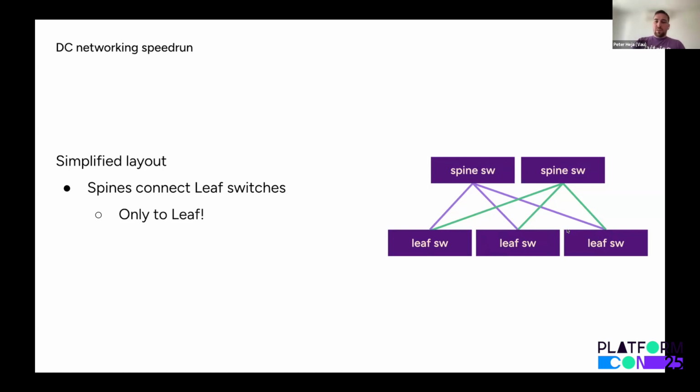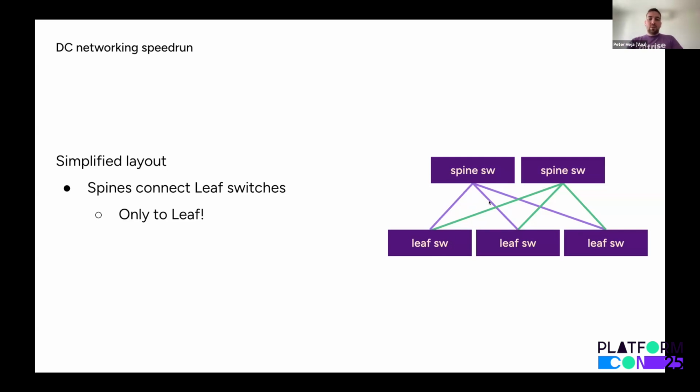This provides us with a very nice and somewhat obvious scaling opportunity. You can have multiple spines or more than two spines. In most cases, you can easily deploy leaf switches with 8 spines, which means 8 times the throughput, which is super good.